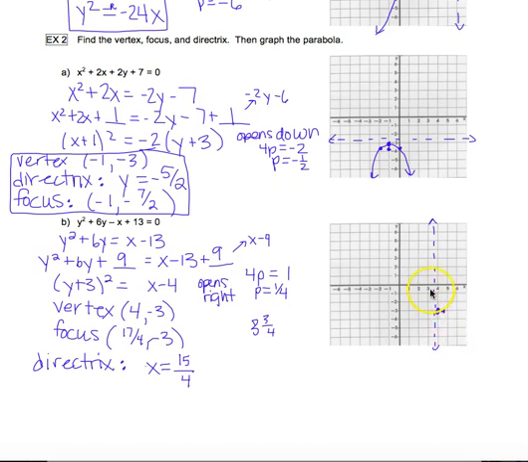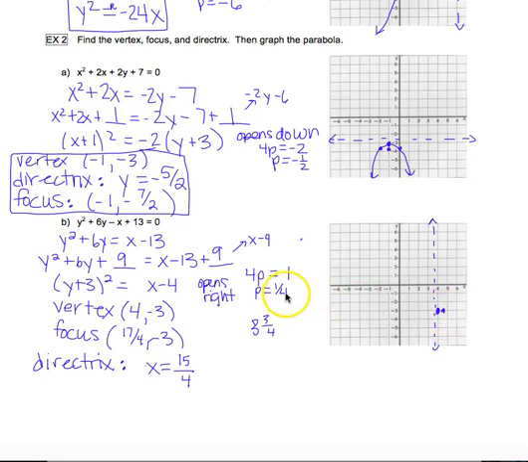So now in order to draw it, don't just freehand it. You do need to always use that width at the focus. That width at the focus actually has a funny name. It's called the latus rectum, but people always giggle when we say that. So we just typically say width at the focus.